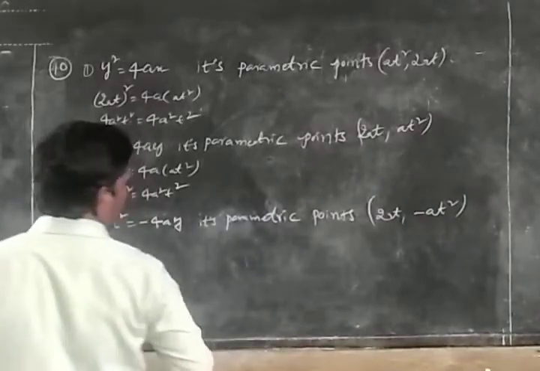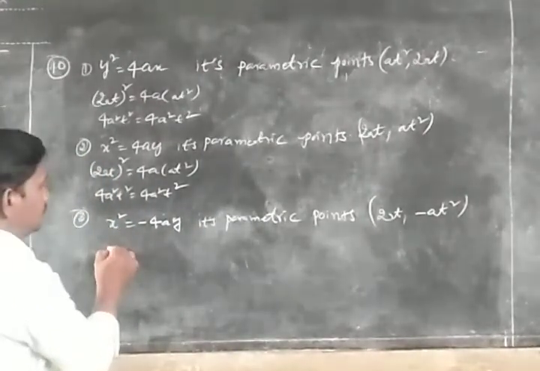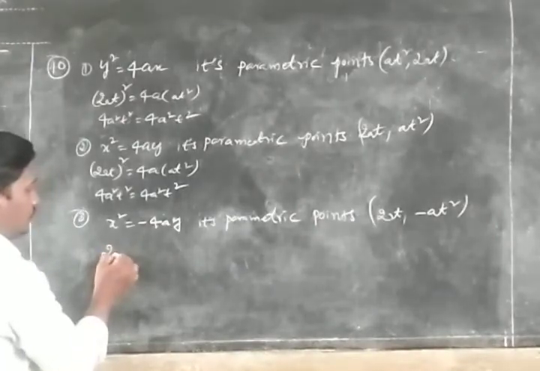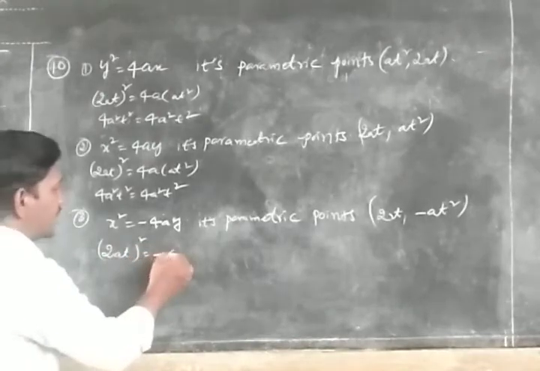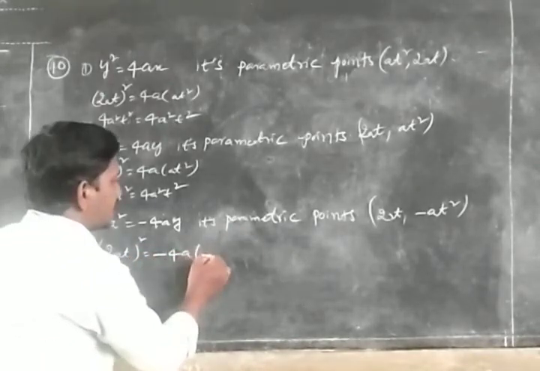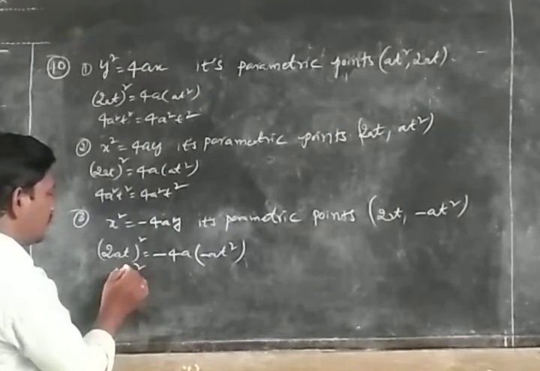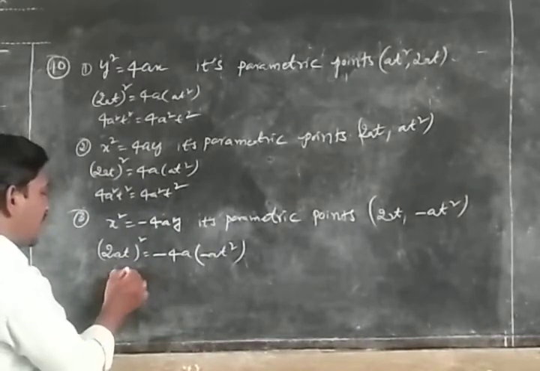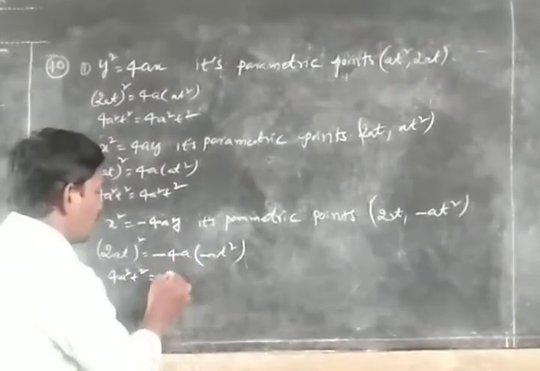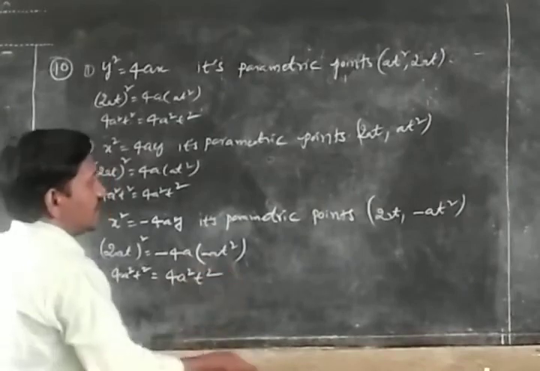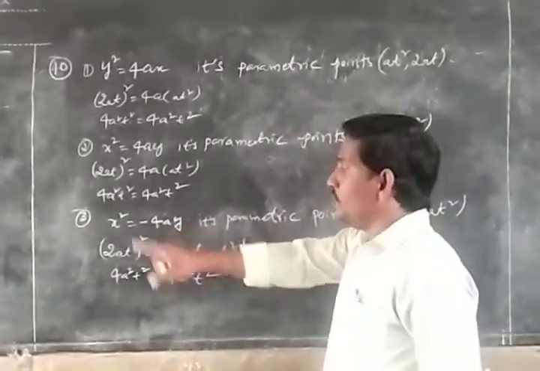So the x value, (2at) whole square, minus 4a into the y value, minus at square, 4a square t square, minus into minus, 4a square t square. So its point satisfies the given parabola.